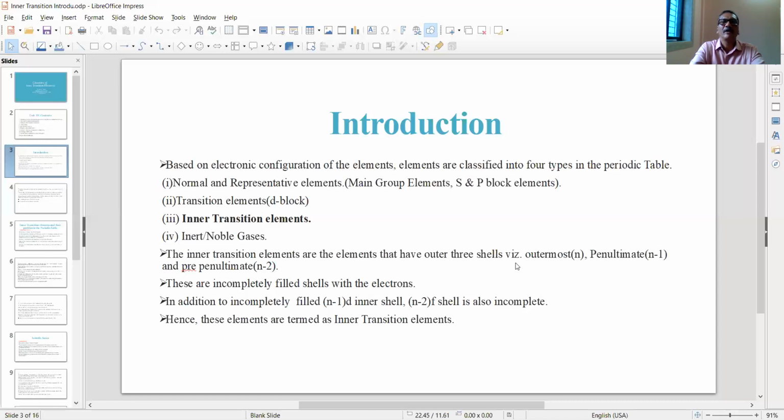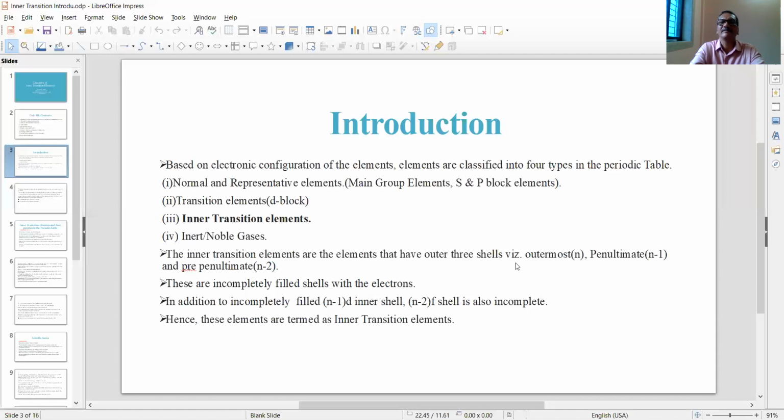All of you know from the previous standard that you have studied the d block or transition elements, characterized by incompletely filled (n-1)d orbitals. In the inner transition elements, in addition to the n and (n-1)d orbitals, the (n-2)f inner shell is also incompletely filled by electrons.